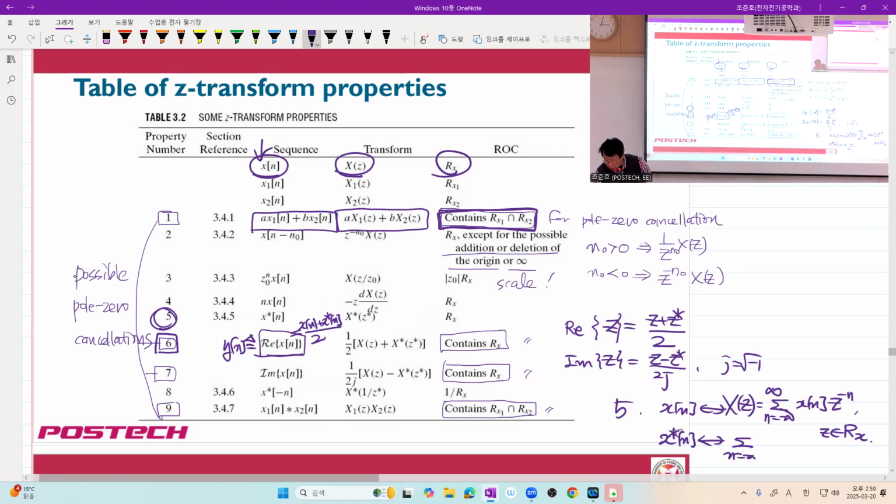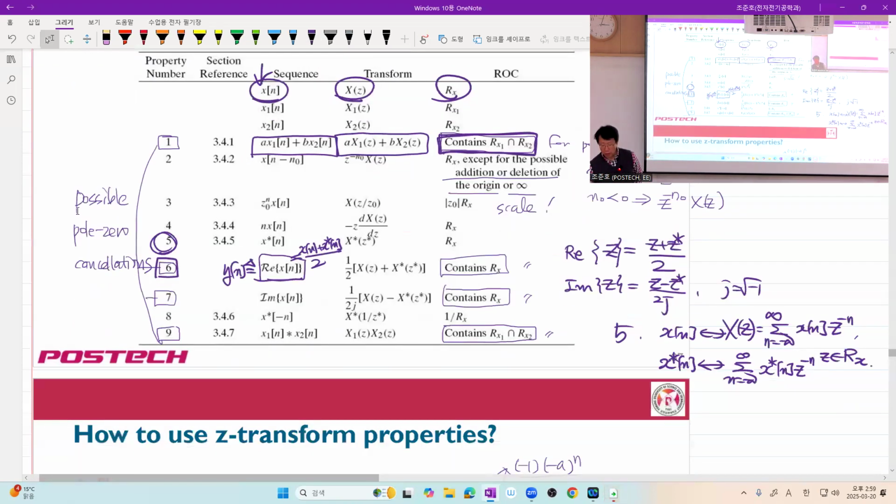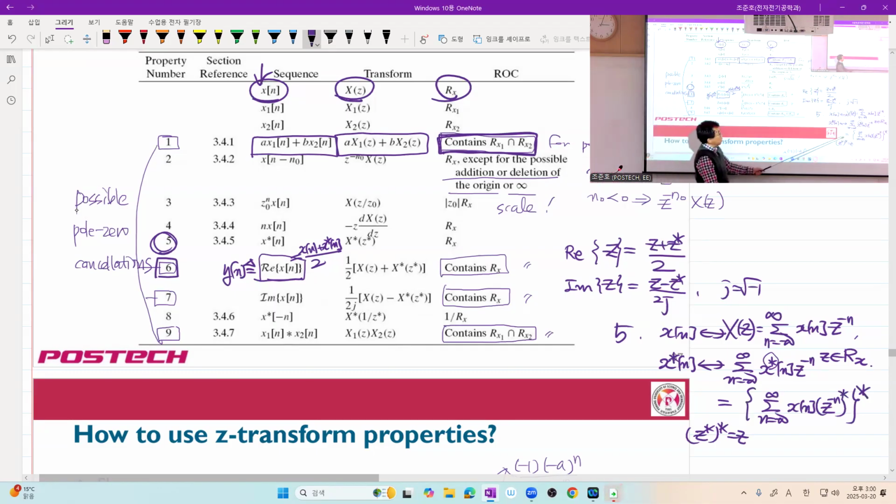Then you have X conjugate of n, z to the negative n, right? Now, what do you want to do to remove this one? What you can do is that z conjugate equals z. So the z transform of X conjugate can be written this way.